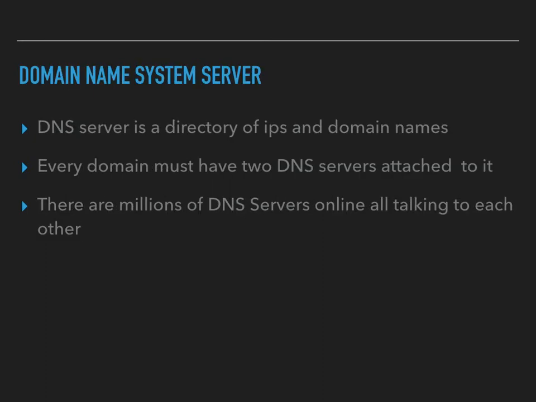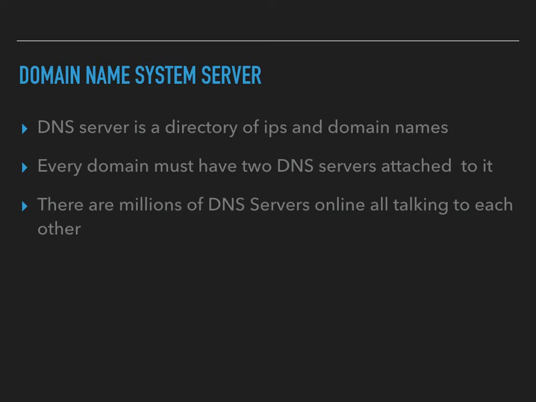Now, the domain name system server then is a directory of IPs and their corresponding domain names. And every domain must have 2 DNS servers attached to it. So when you go to host and create a new hosting account, you will be given 2 domain name servers that you must attach to this domain.